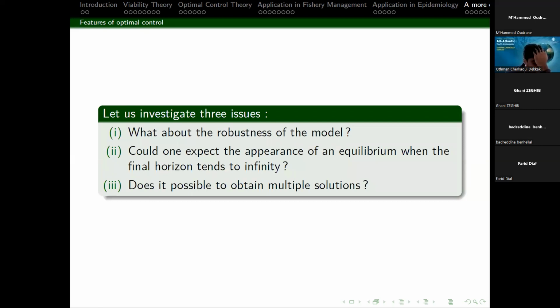Also, we expect the appearance of an equilibrium when we change the time to infinity. So this is also something we do ask. And is it possible to have multiple solutions? Meaning to have two control policies that are totally different but give us the same profit. Meaning that there are two strategies that end you with the same profit. Then you will have a problem of which strategy to choose.